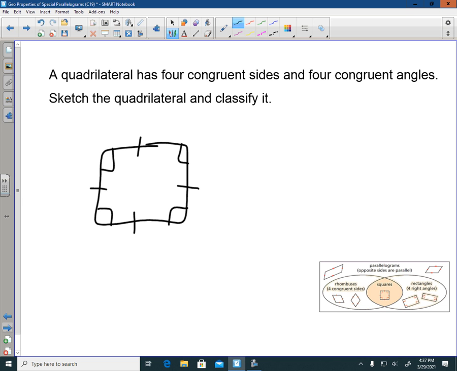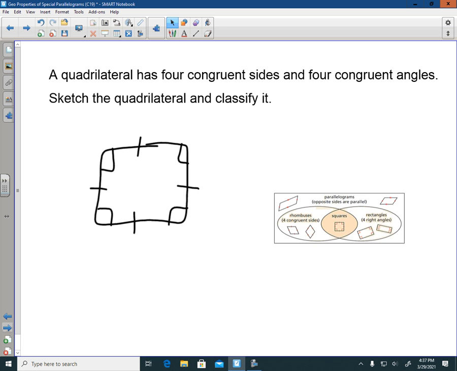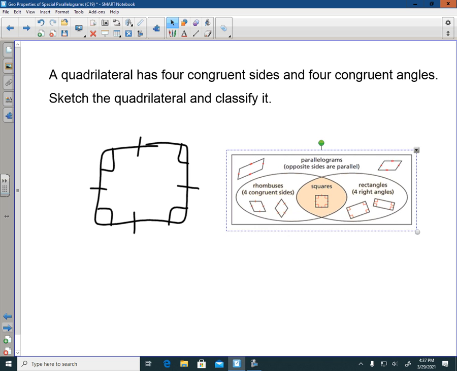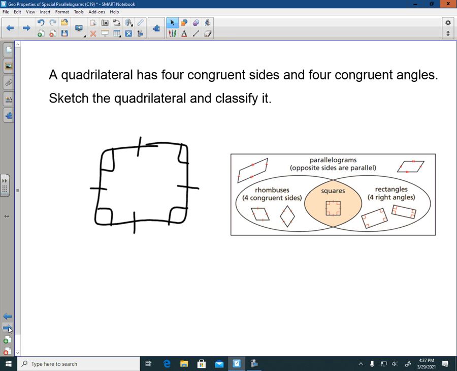And what does that look like when we're done? Let's take a look at our possibilities. The only object that it looks like is the square, and so this is a square. Just following the directions of the problem and classifying that quadrilateral from our pretty handy Venn diagram.